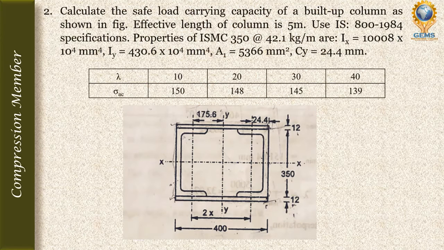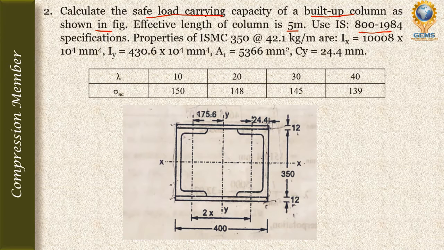Second question: calculate the safe load carrying capacity of a built-up column as shown in the figure. The effective length of the column is 5 meter. Use the IS 800 1984 specification.